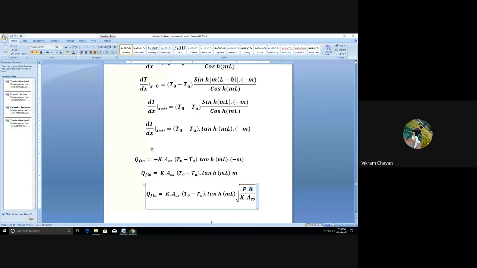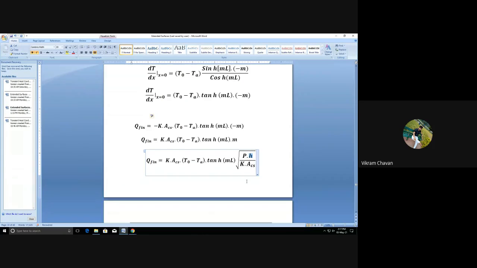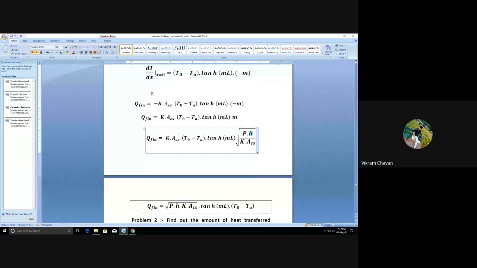Okay, getting everyone? Now square root of A_cs and without square root is k multiplied by A_cs. So one square root will be cancelled and we'll get k multiplied by A_cs in the square root.